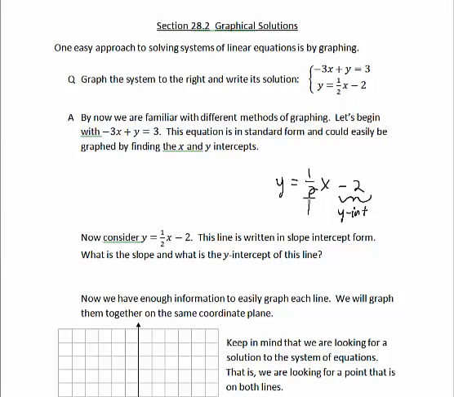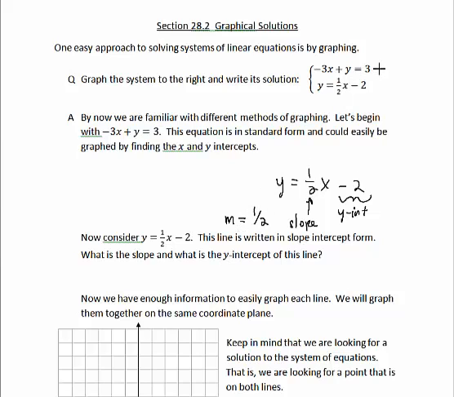And then we have our slope, which is just the number alone in front of the x variable. It's the coefficient of the x. It doesn't include the x. So our slope, m, for this second equation is just the 1/2. It's our rise over run.